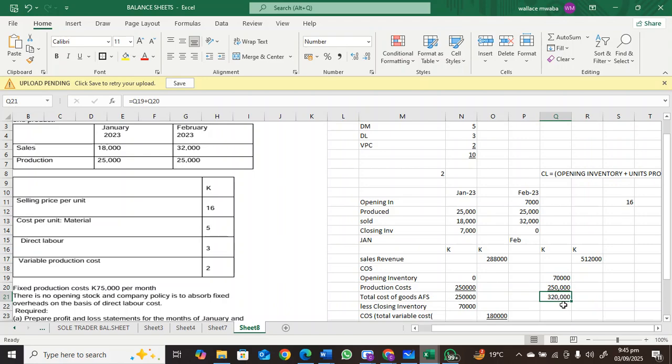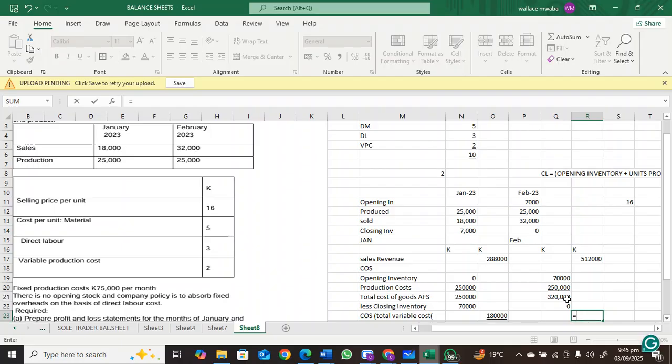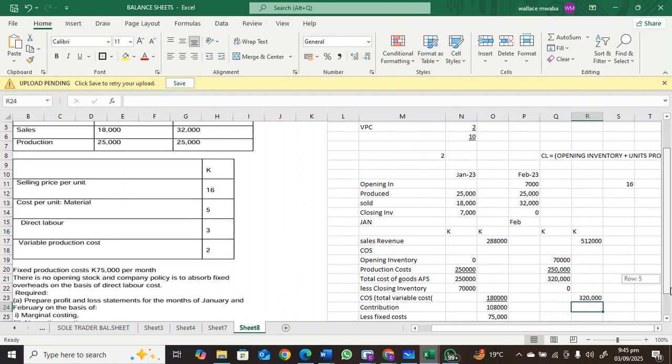Then closing inventory, we were told there is no closing inventory, so it is zero. So our total variable cost is going to be 320,000 minus zero, we get 320,000.